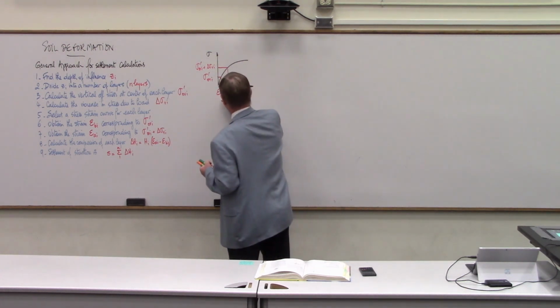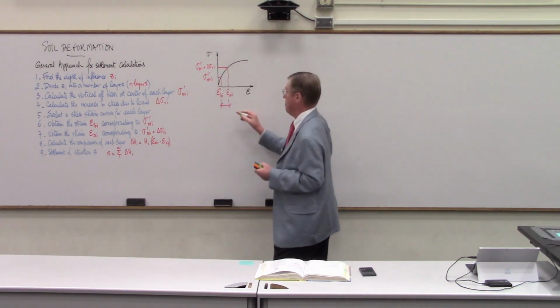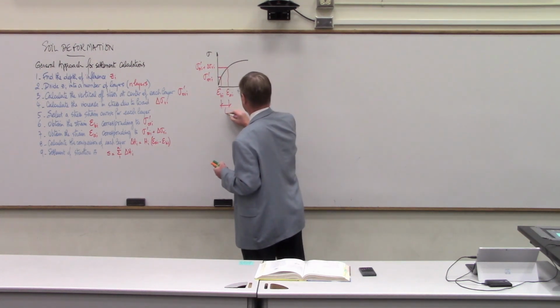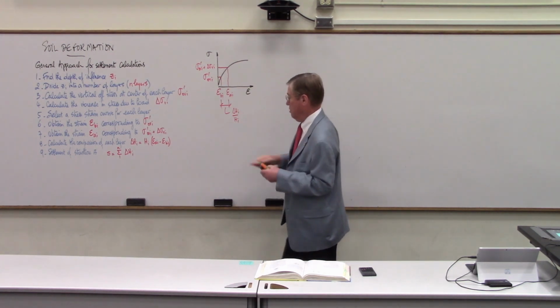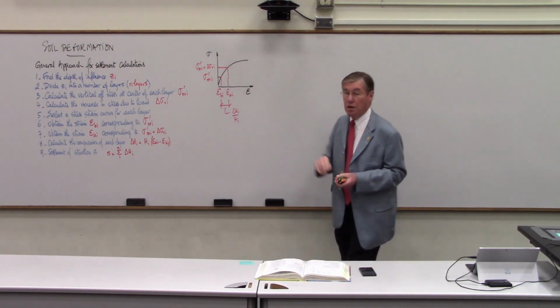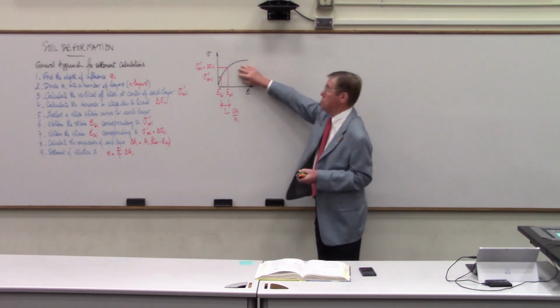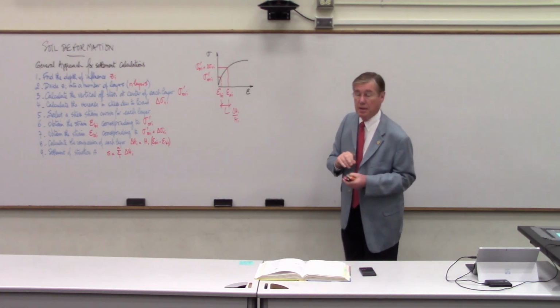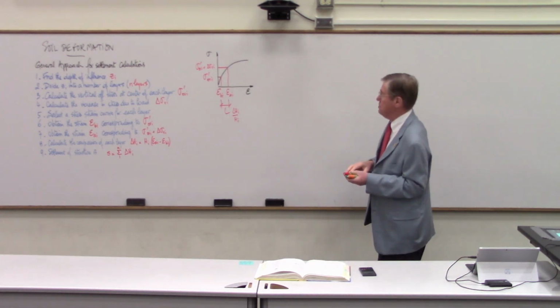And this relative increase in strain is what's going to be equal to delta HI over HI. And that's how we get the compression of each one of those layers. So that stress strain curve is very important, and it's not easy to select it.